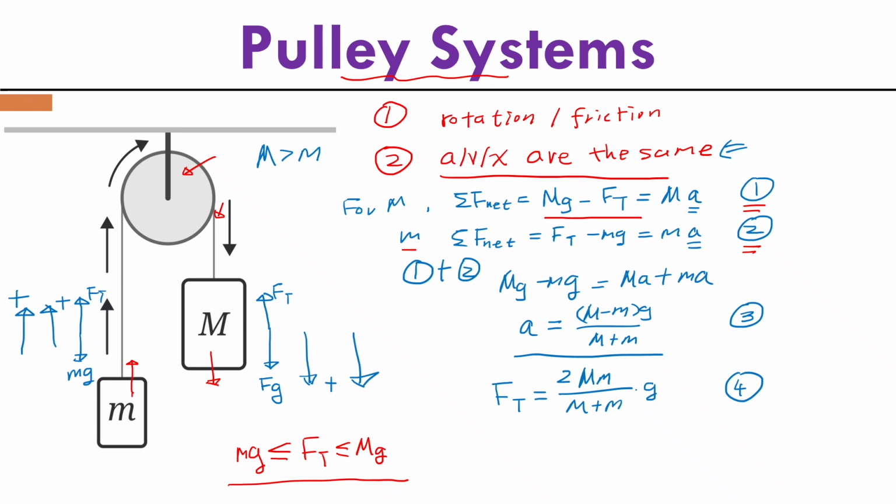And the other thing is, how do we interpret this acceleration? This is a very interesting equation because you can see that the numerator is the difference of the two weights, right? It's big Mg minus small mg, and then divided by big M plus small m. What if I consider big M and small m and the string as my whole system? For this whole system, I only have two external forces along the string.